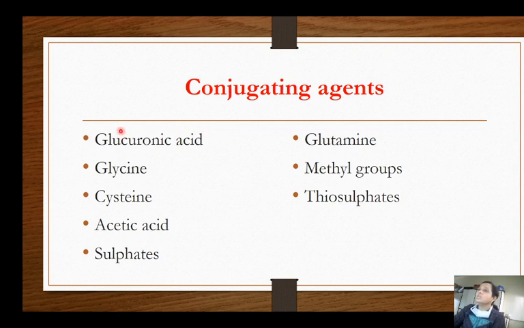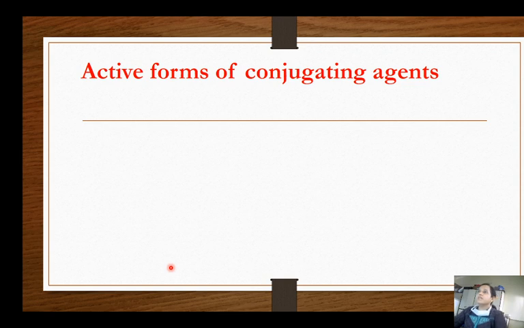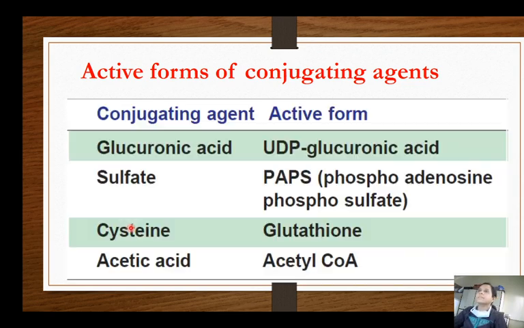Now these conjugating agents can directly be involved in the conjugation process, or they will get converted to their active form and then go into the conjugation reactions. The active forms of conjugating agents: glucuronic acid's active form is UDP glucuronic acid.